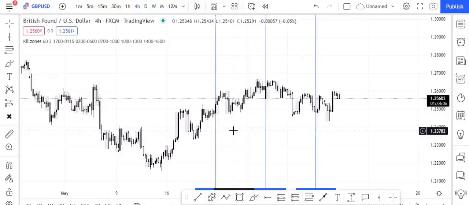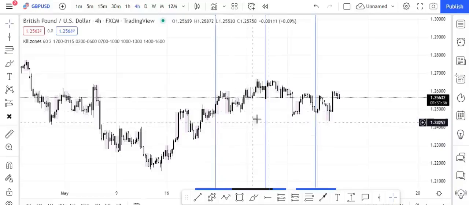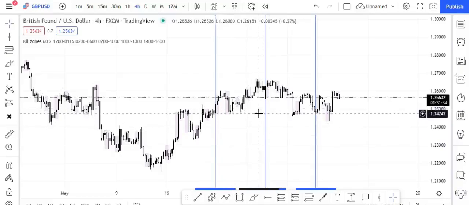Number 1, liquidity trap zone. The first liquidity trap zone I need you to understand is equal highs and equal lows. Number 2 is trend line liquidity.